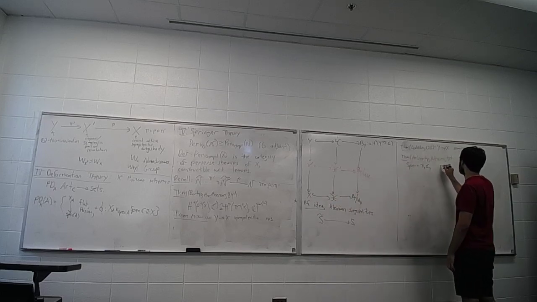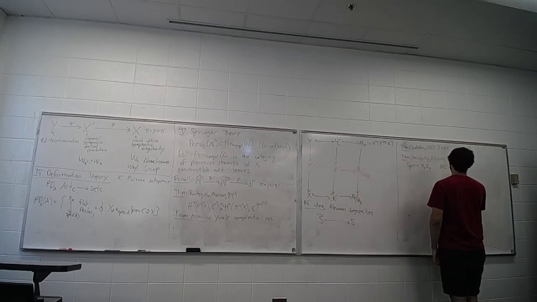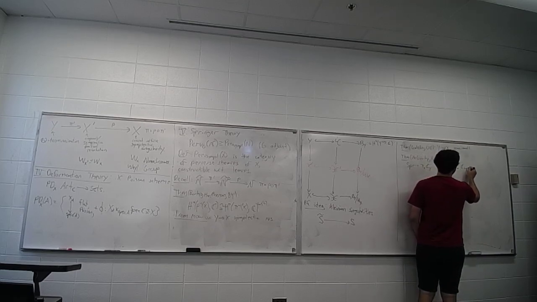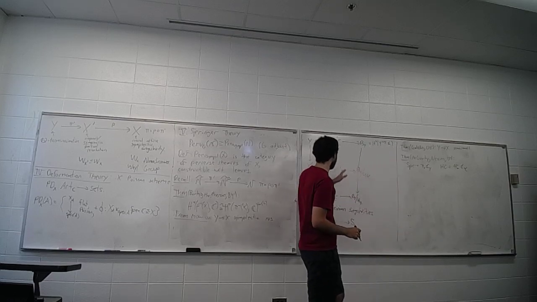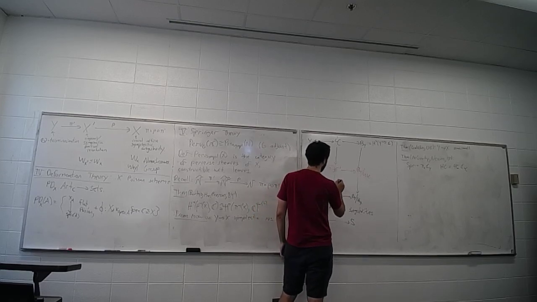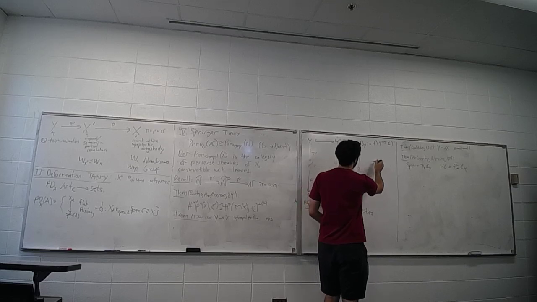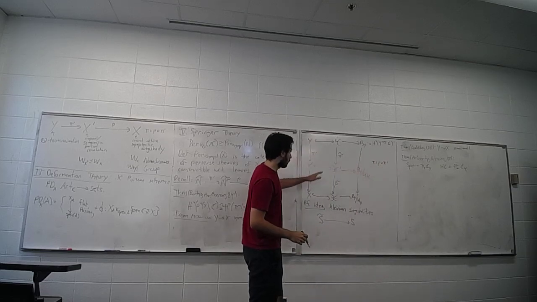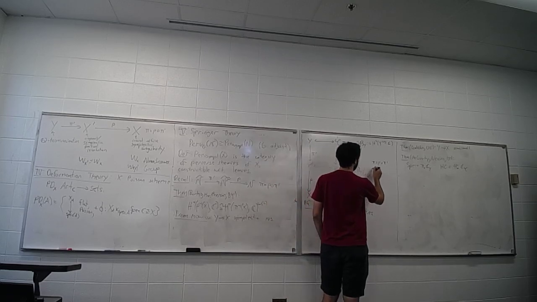And then the Grothendieck-Springer sheaf is going to be its analog on the universal deformation, so it's going to be the pushforward of the constant sheaf on the universal deformation. Let me quickly name these maps. These were rho and pi prime, and I'm going to call these rho tilde and pi prime tilde. And then pi is the composition of these two, and rho tilde is the composition of these two.